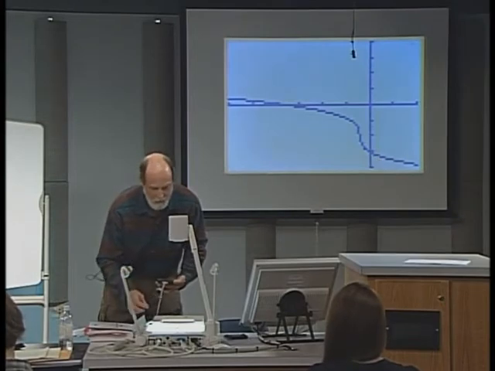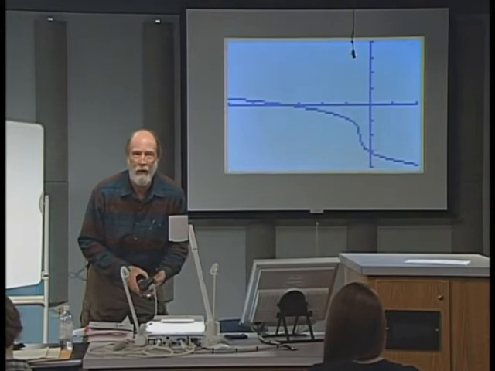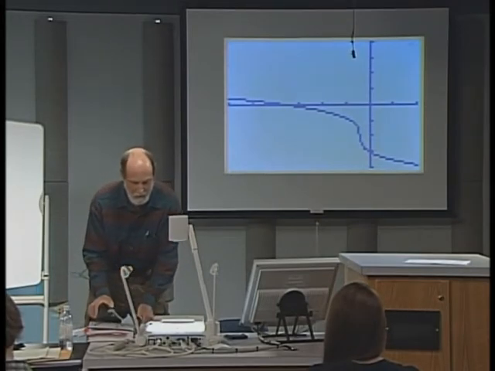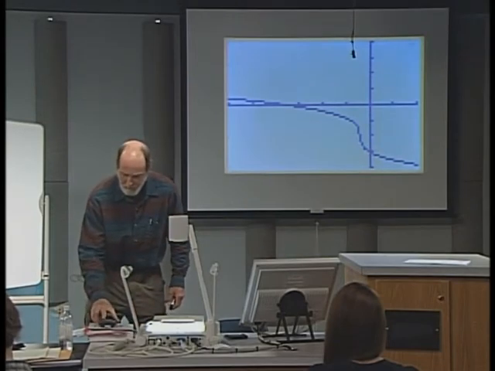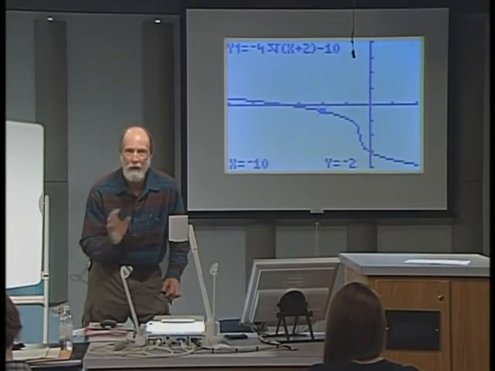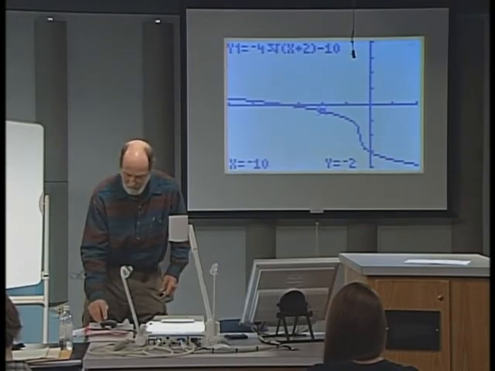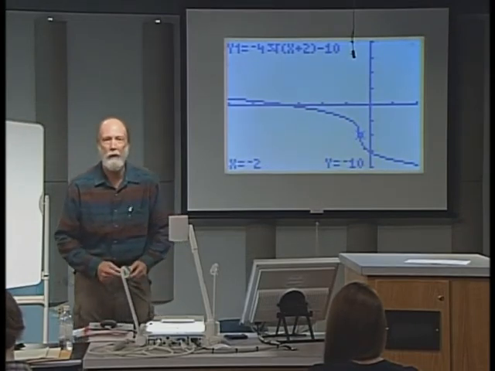Now, I think we'll live with this window. That was not too bad of a guess. So watch this. If I now turn trace on, I can check to see if my transform information was good. If I insert negative 2 in my trace key, it shows me right on negative 10.